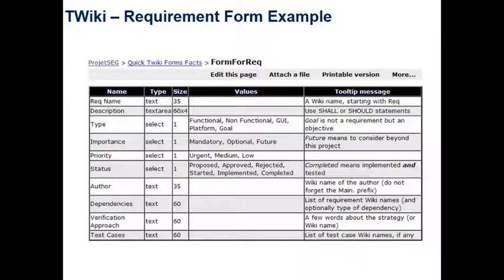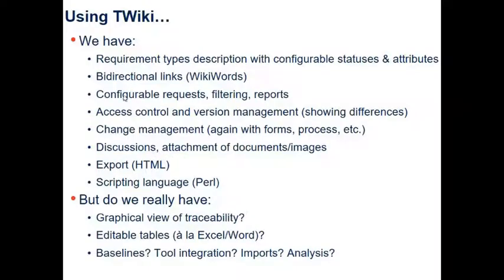Right? So TWiki allows us to create a table for the requirements, and what you can do with that table is you can edit it, you can attach a file to it, you can have a printable version of it, and there seem to be some more functionalities. Right, so using TWiki, we have requirement types description with configurable statuses and attributes. We have bidirectional links or wiki words as they're called in that tool.